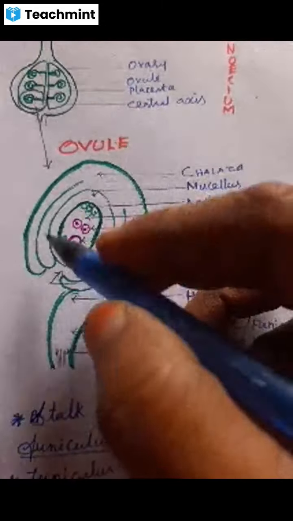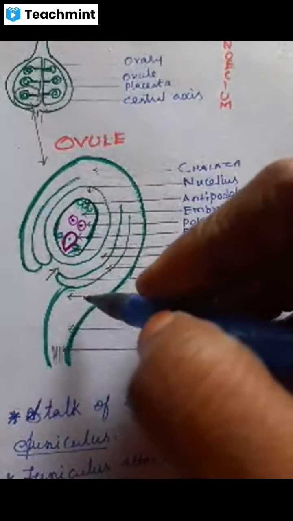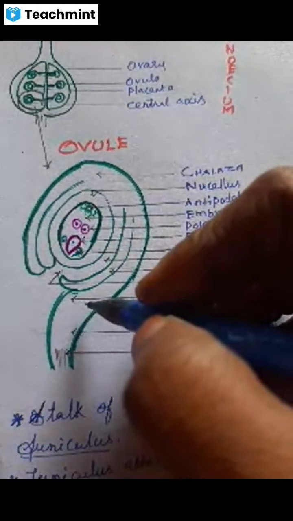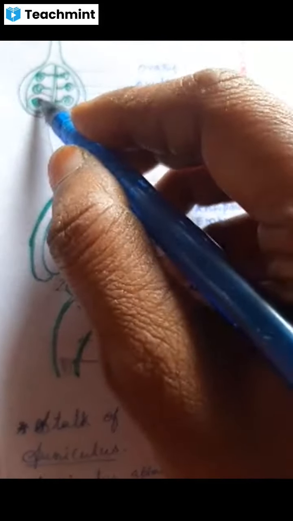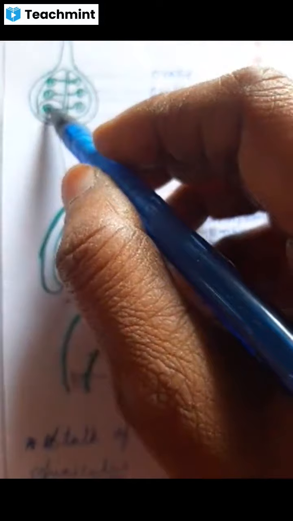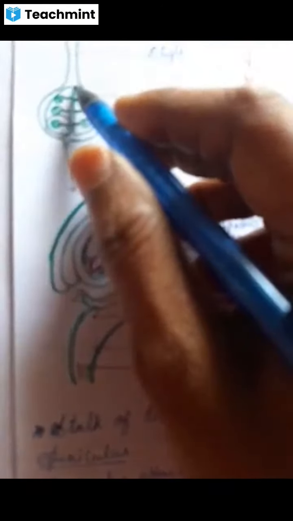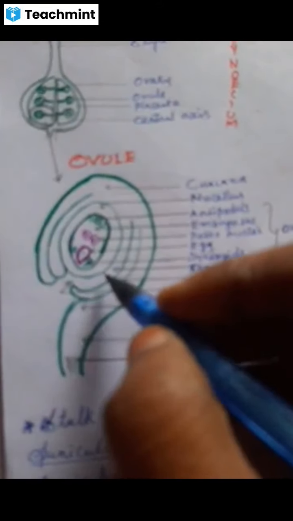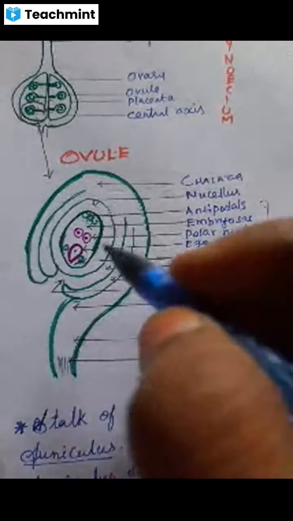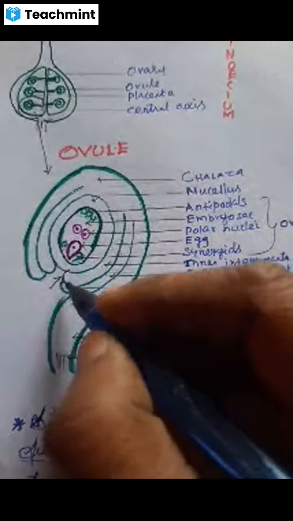And this ovule is covered by, I am not zooming the whole, I am going to zoom this one. This is only an ovule. On the whole it is covered by integuments, but for the time being I am going to interpret that, so don't get confused.